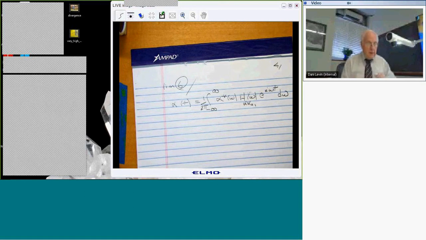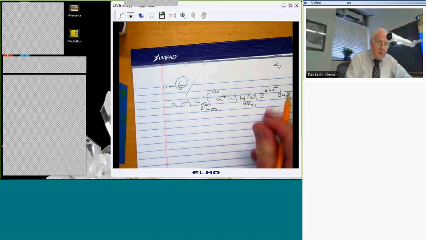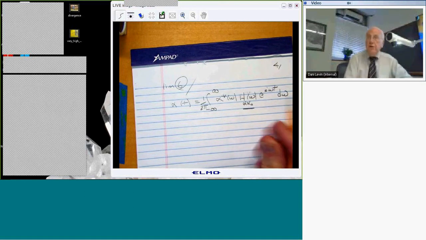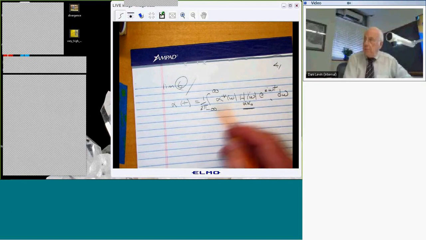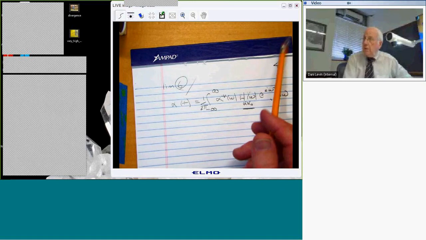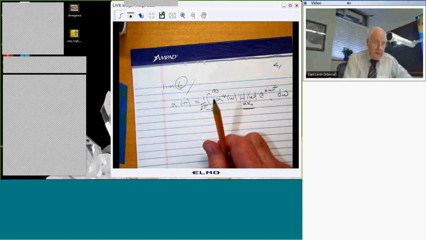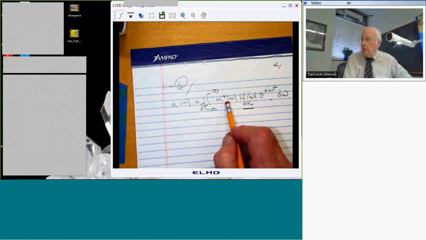So the key is knowing the relationship between the input and output for a single frequency. Once I have that, then I can do an integral, and I have the response at any time for any input. Of course, I do have to find the Fourier transform of the input, alpha naught.